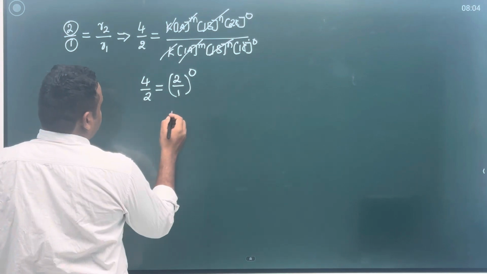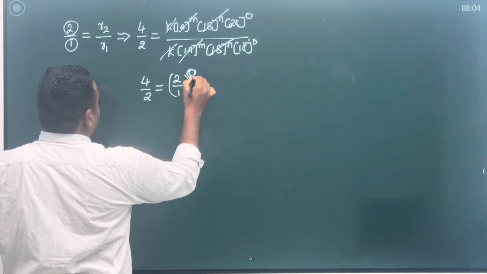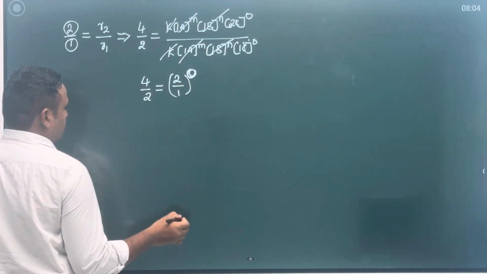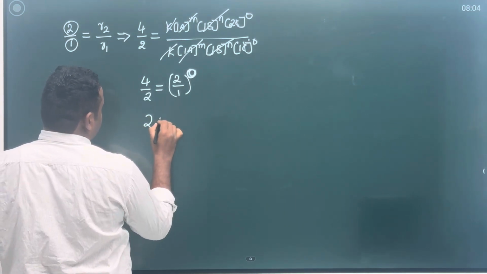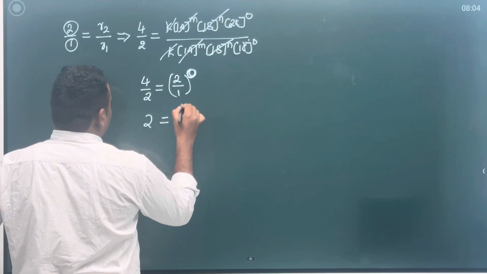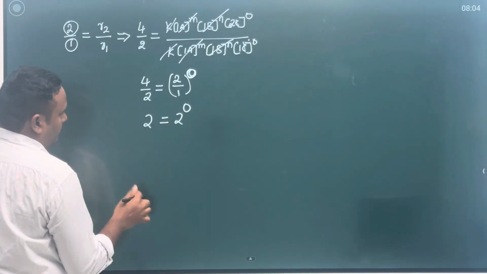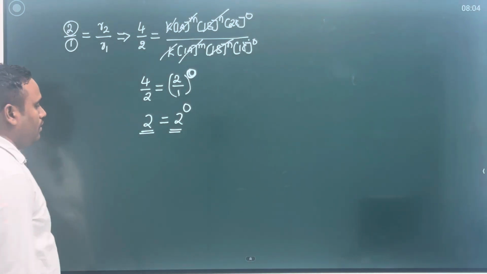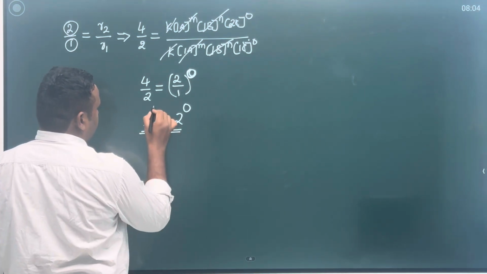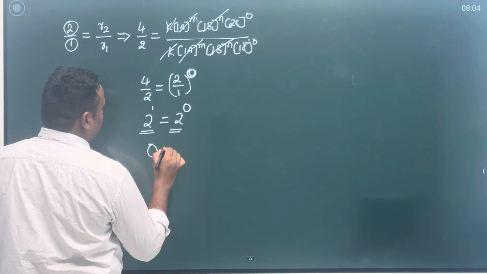So now this is not 0, it is the letter O. Okay. So now 4 by 2 means 2, equal to 2 power O. So here bases are same, so powers must be equal. Bases are equal means powers are also equal, means O is equal to 1.